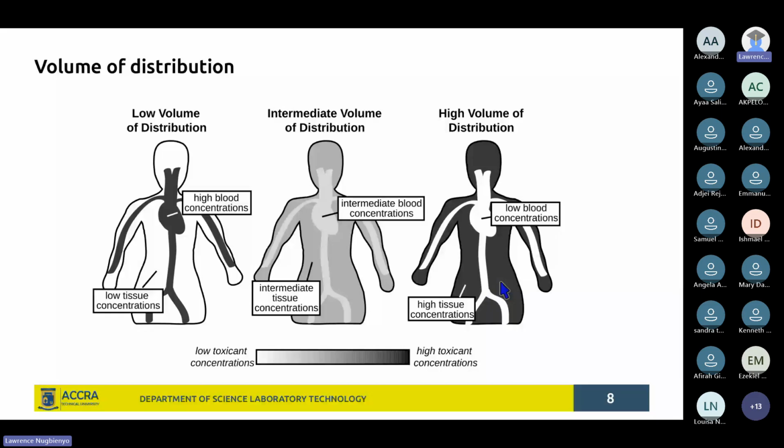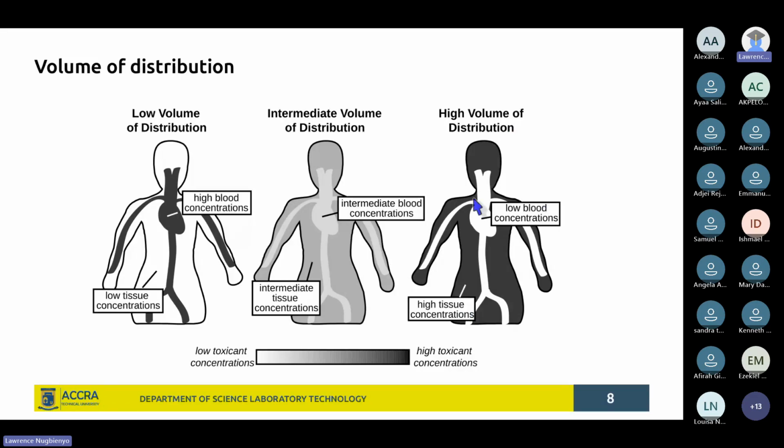And the more the substance is getting accumulated in the tissues, the more the risks of the toxic effects, and even the period that this toxic effect is going to last, because the substance is not easily getting excreted out of the body, where you have it in such high concentrations in the tissues. So that is a high volume of distribution.